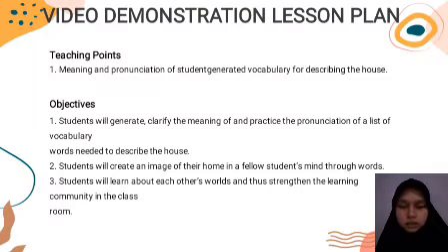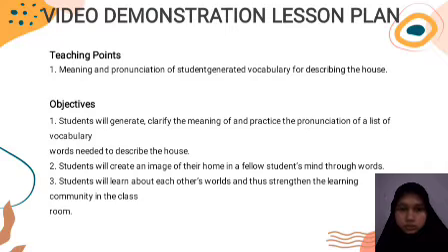The objectives are, first, students will generate, clarify the meaning of, and practice the pronunciation of a list of vocabulary words needed to describe the house. Second, students will create an image of their home in a fellow student's mind through words. And the last is students will learn about each other's world, and thus strengthen the learning community in the classroom.